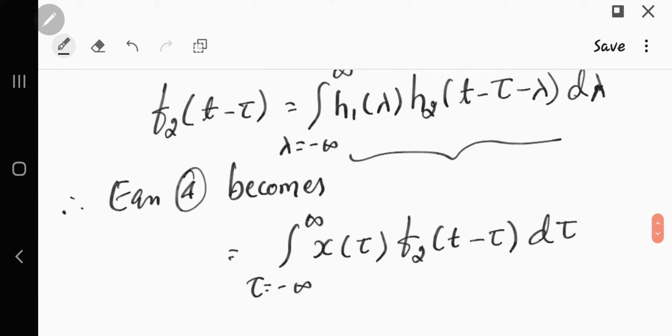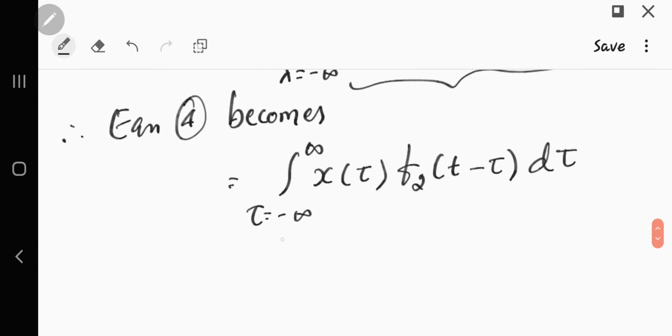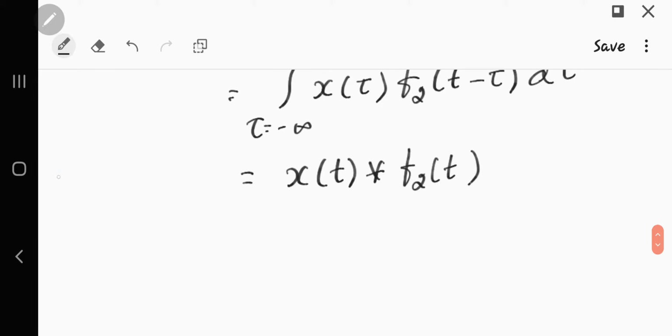Okay, so now this term I can write in this way from the definition, comparing this with the convolution integral definition expression. I can write x of t convolved with f2 of t, and to the RHS what we have, x of t convolved with h1 of t whole convolved with h2 of t.